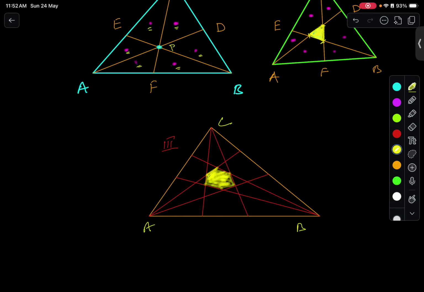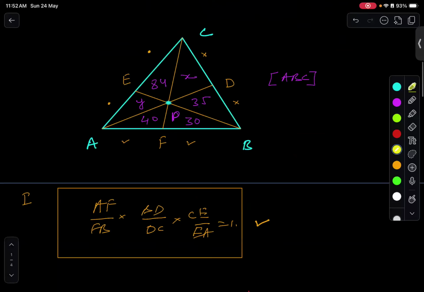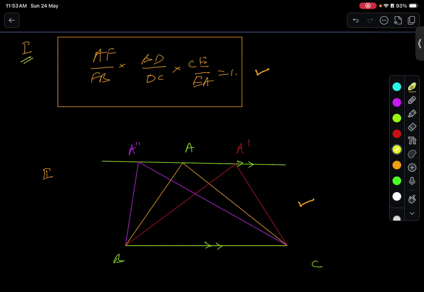Then we have to find the area of this region. In fact, if you divide in the ratio of 1:3, then this is 1/10 of the total triangle. This is a very famous theorem. So we have this question, and we have to deal with the theory we have to apply. What we have already seen is Ceva's theorem.